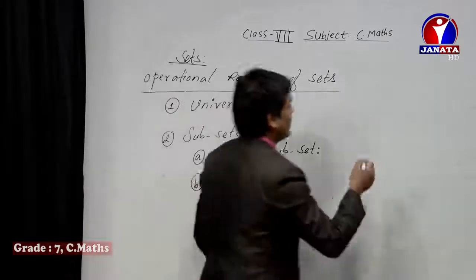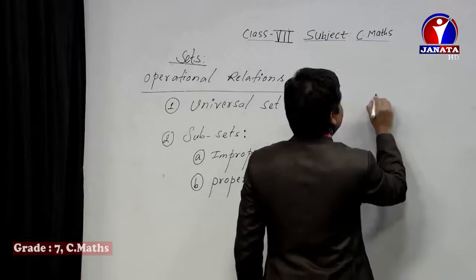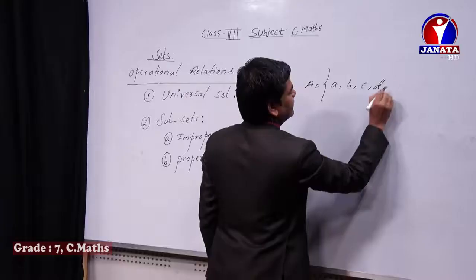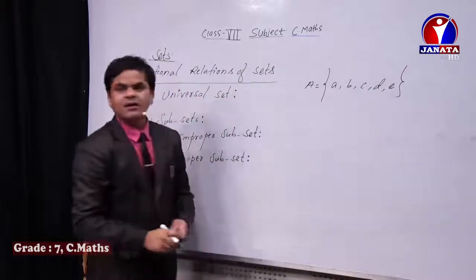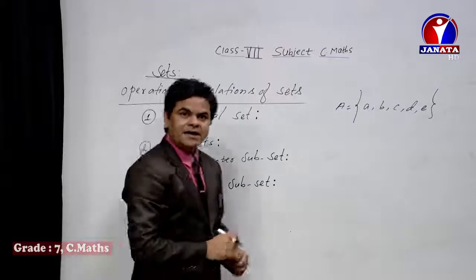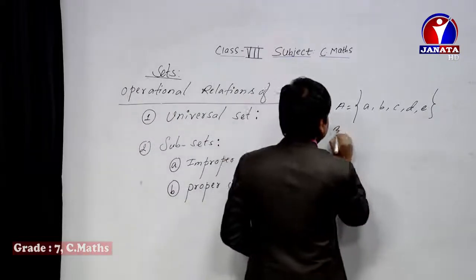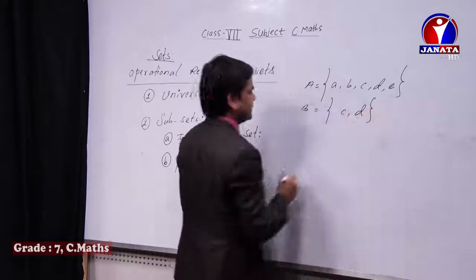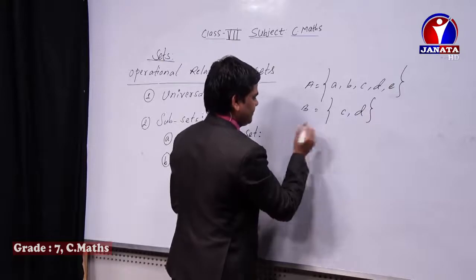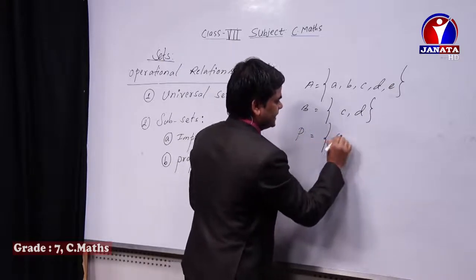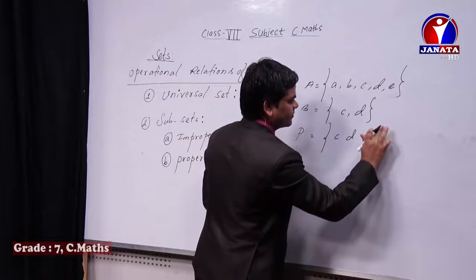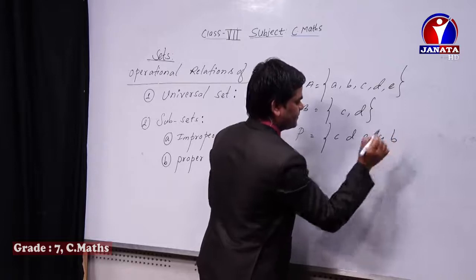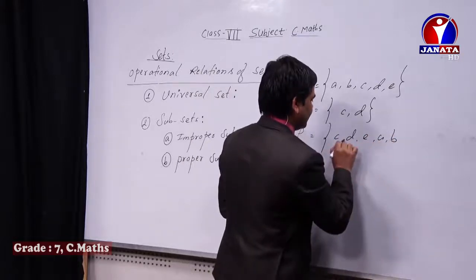So let's focus on one example. Let's take set A as A, B, C, D and E. I have taken only 5 elements. Now let's take another set B, having elements C, D. And then let's take another set P as C, D, E, A, B. Comma, after each element we need to keep one.